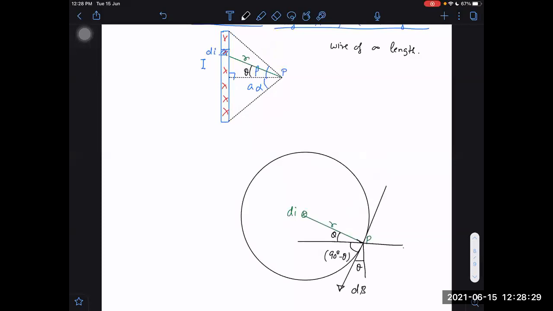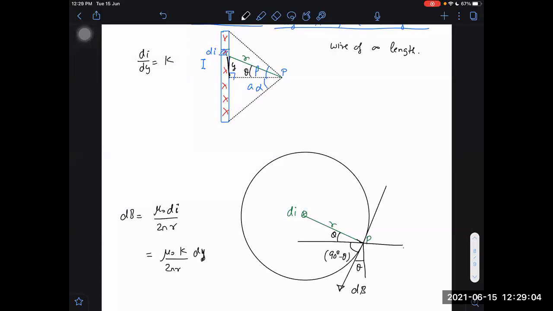So can you tell me now, what is the value of dBx? First of all, what is the value of dB? By the infinite wire formula, dB is mu naught into dI upon 2 pi r. I can take this as the y axis, then dI divided by dy can be taken as k, so k dy can be written as dI.